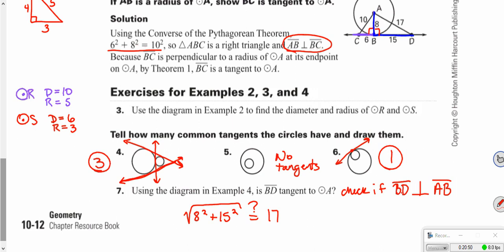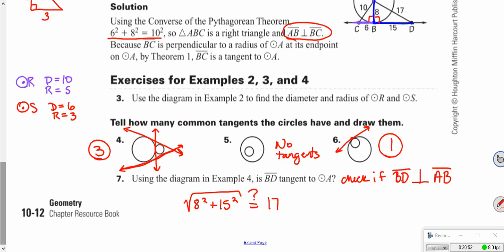Okay, well, if you poke that in your calculator, I can tell you, yes, it does. Or you could say, 8 squared plus 15 squared, does it equal 17 squared? Either one of those works.